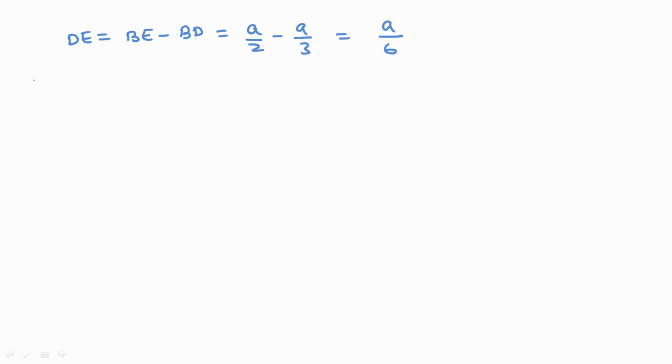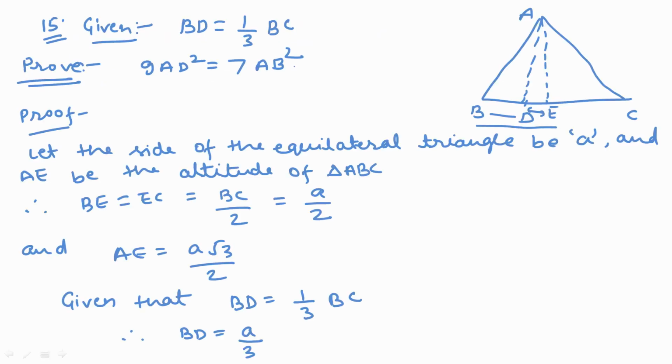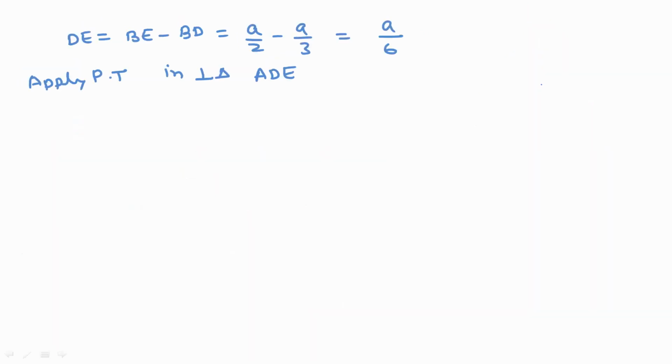Apply Pythagoras theorem in right triangle ADE. AD square is equal to AE square plus DE square.